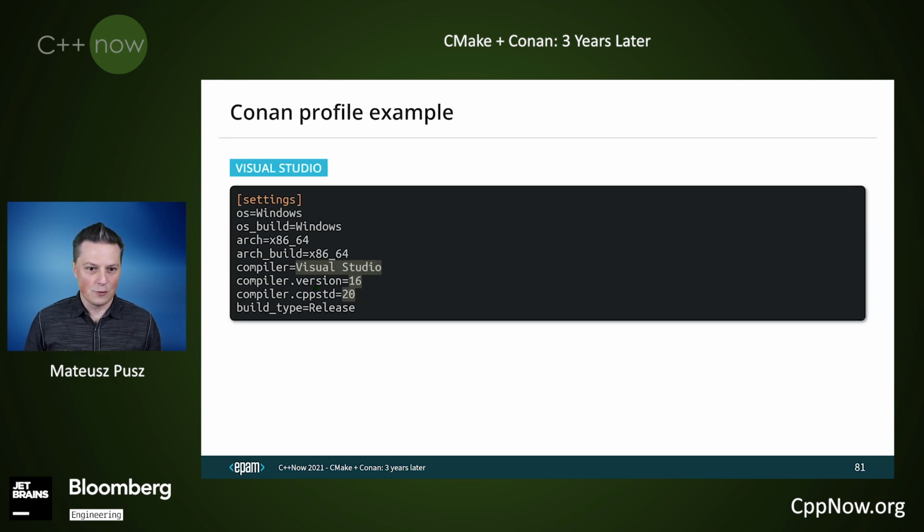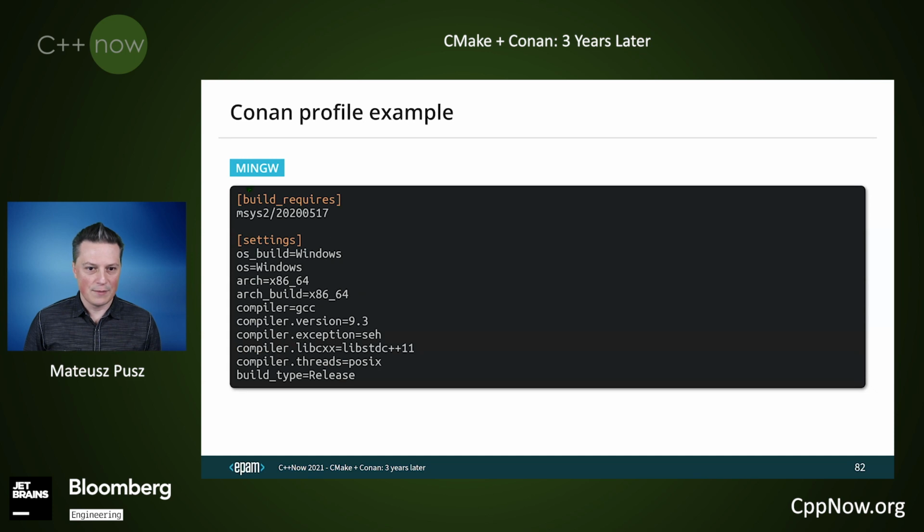For Visual Studio, this is how you specify it. You may even use some MinGW, for example, from MSVC2. And notice that this one will be downloaded during the Conan install stage, so you don't have to have this tool even installed on your file system. It will be downloaded during installation and then used for compilation.